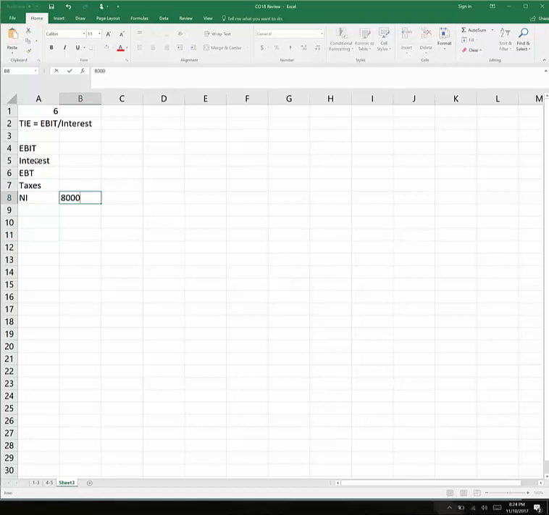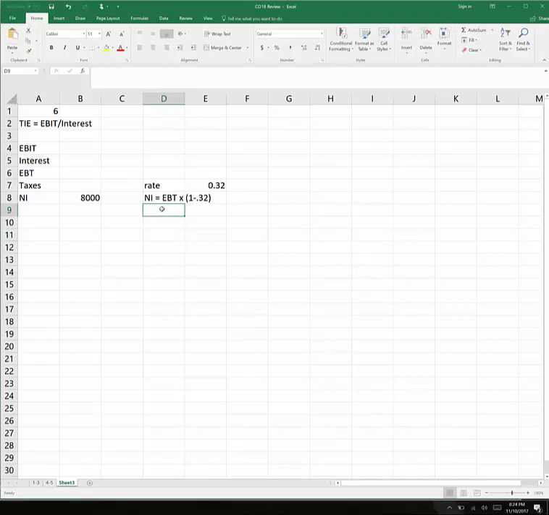So what we know is that net income is 8,000. Based on the tax rate, the rate is 0.32. So we know that net income equals earnings before taxes multiplied by 1 minus the tax rate. This is a step that logically you might not jump to.